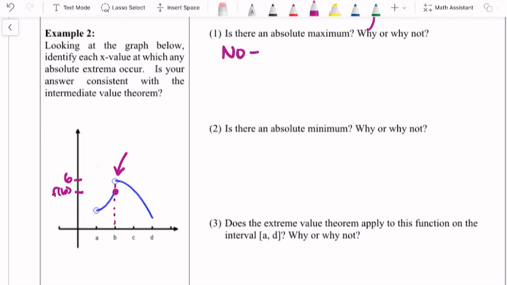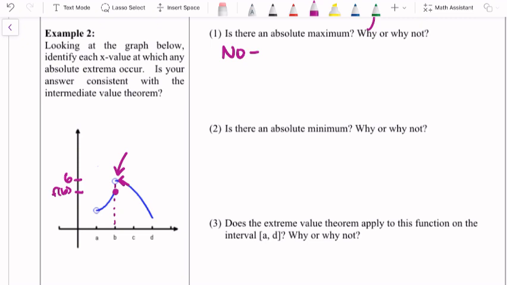Let's say this is 6, for instance. When we approach this from the right, we can get closer and closer to 6, but we're not actually ever going to obtain 6. Because we're not going to obtain that value of where the absolute maximum would occur, we can take the limit, but the function doesn't exist there. Because there isn't actually a point at that absolute maximum, there is no absolute maximum.